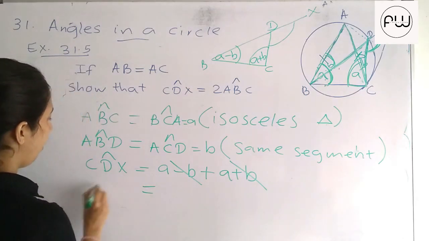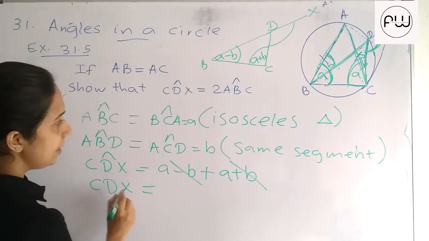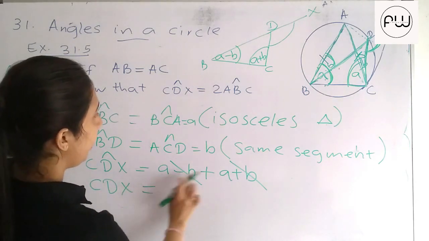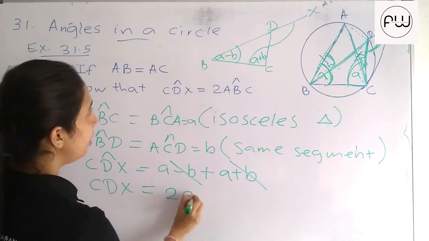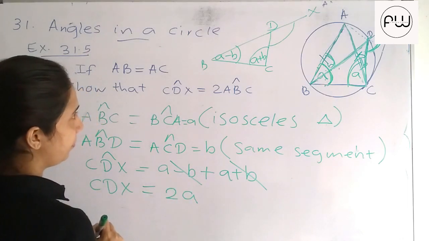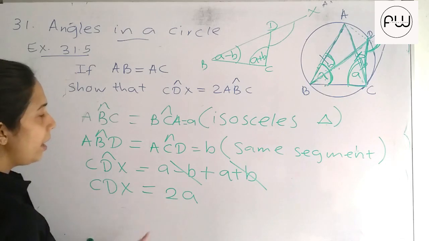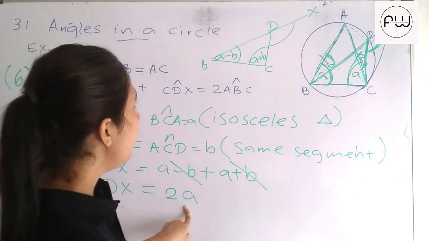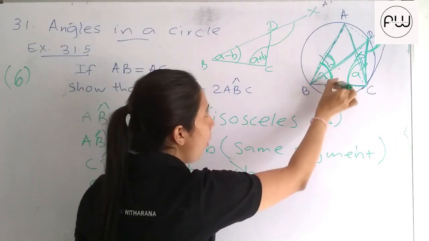Then we get CDX equal to A plus A, we can write 2A.